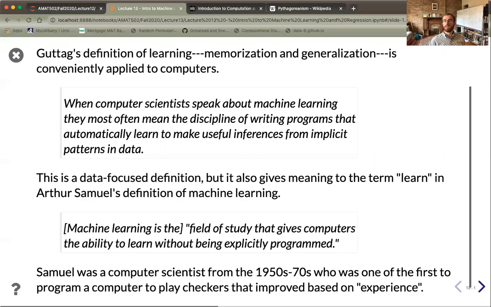So at this point in our class, we now have a definition of machine learning. Ideally, we want our machines to be able to learn without being explicitly programmed. And so learning here actually means making inferences based on some training or implicit data.